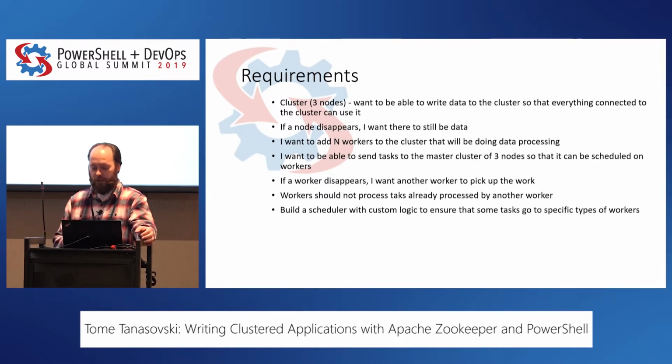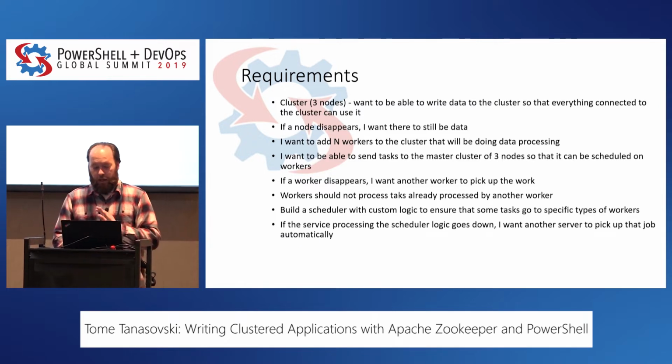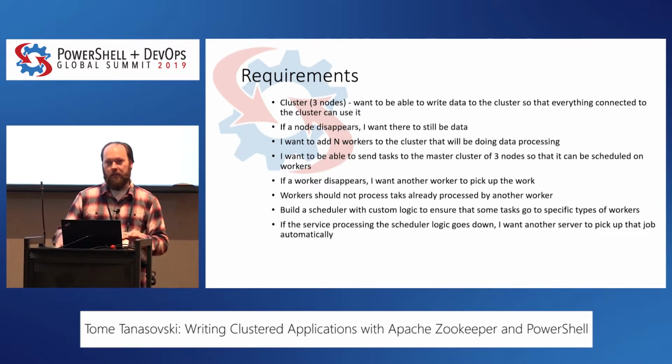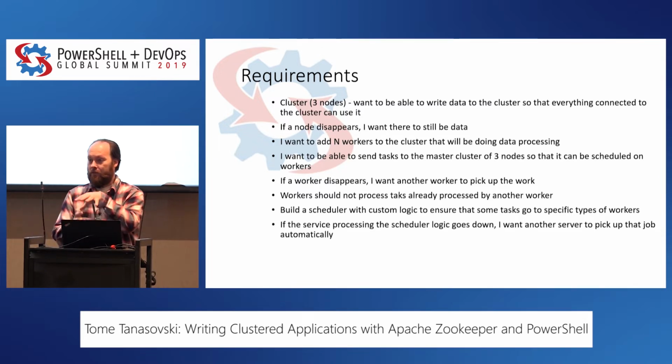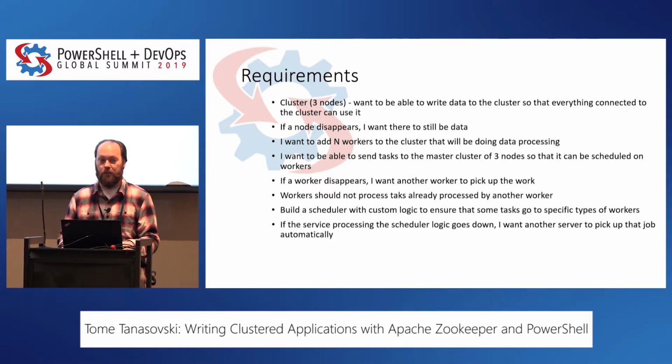So this is a clustered application. The other thing is that scheduler logic, the thing that's making those decisions, if that server that is managing that scheduler logic disappears, it needs to also come back up, right? We're talking about a true clustered, highly available application at this point.